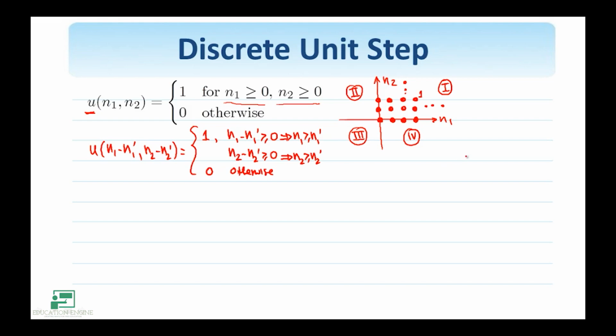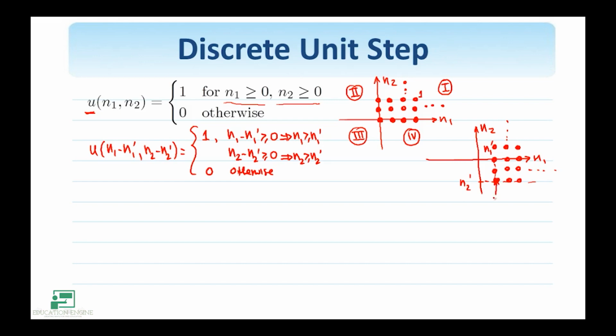So if I'm to sketch this shifted step, depending on where N1 prime and N2 prime are located, let's say N1 prime is here, and N2 prime is here, then the shifted step function looks like this and extends to infinity this way, and to infinity this way.